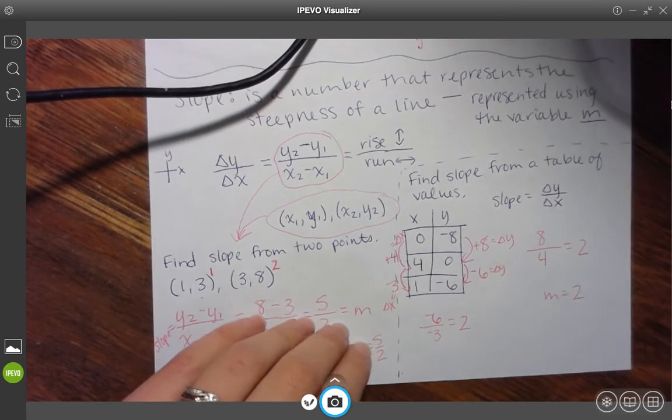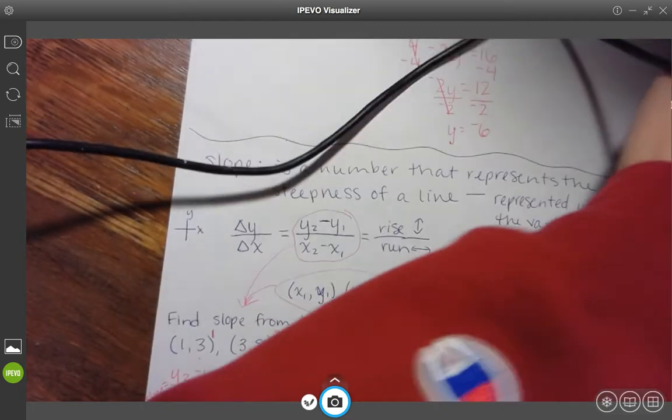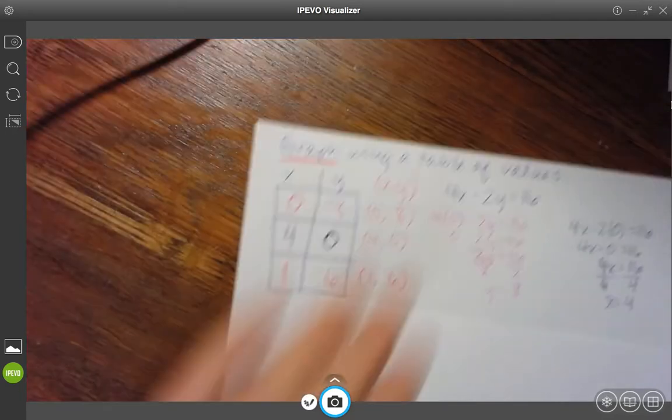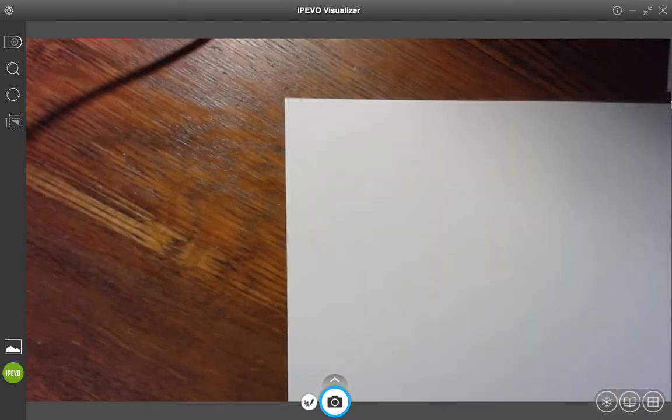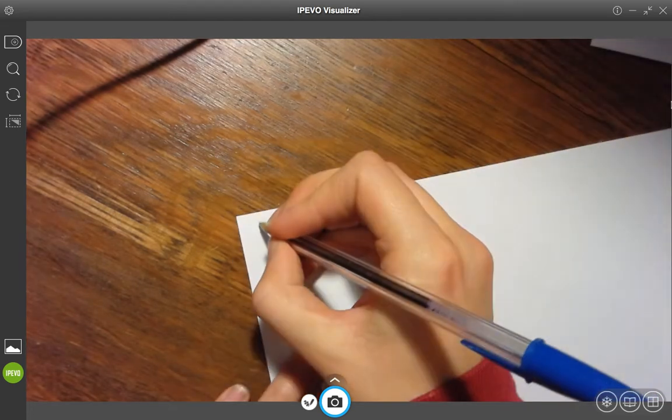Okay, next, what we'll talk about, let me get another piece of paper, sorry, is 4-1 now, which is slope-intercept form.